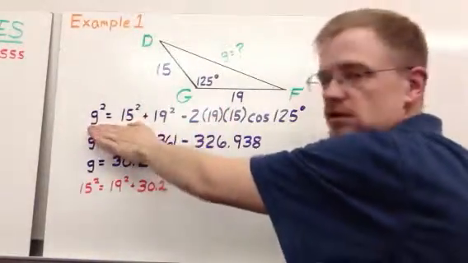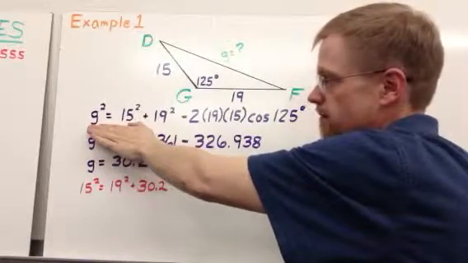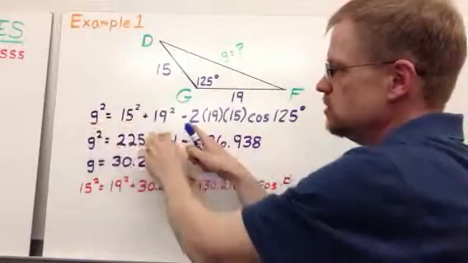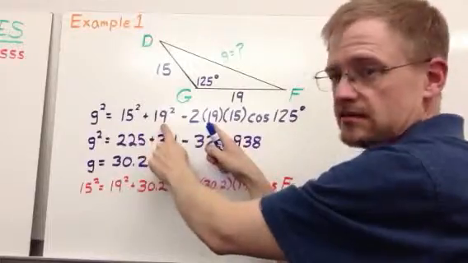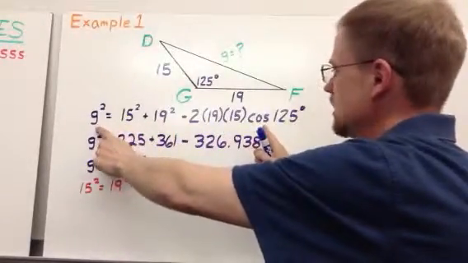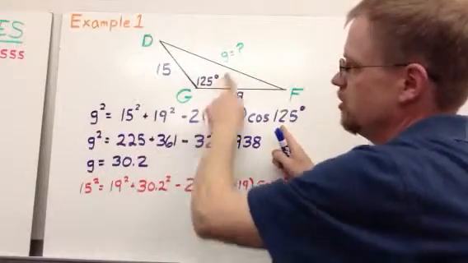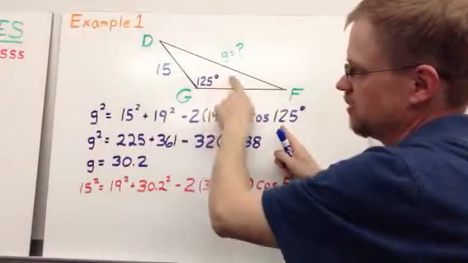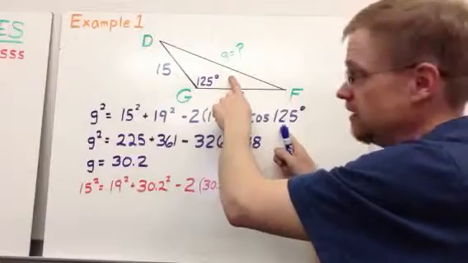Again, it looks a lot like the Pythagorean theorem. Minus 2 times 19 times 15 times the cosine of the angle, 125 degrees. This is the angle opposite the side we're trying to find.